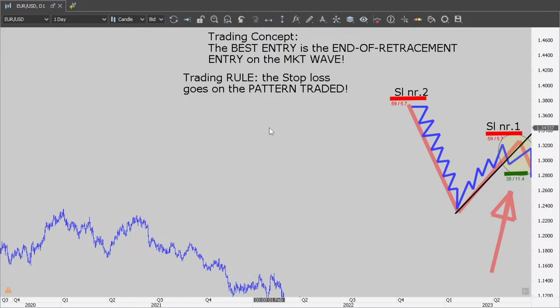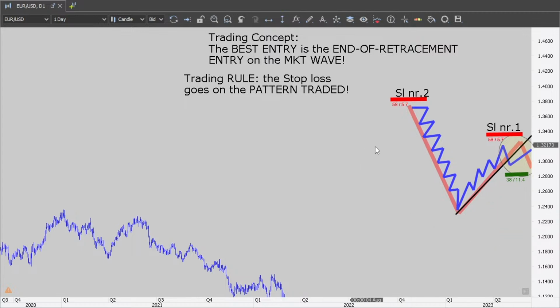Stop loss number 2. And the correct answer is, everybody, it depends. It depends. Alright?